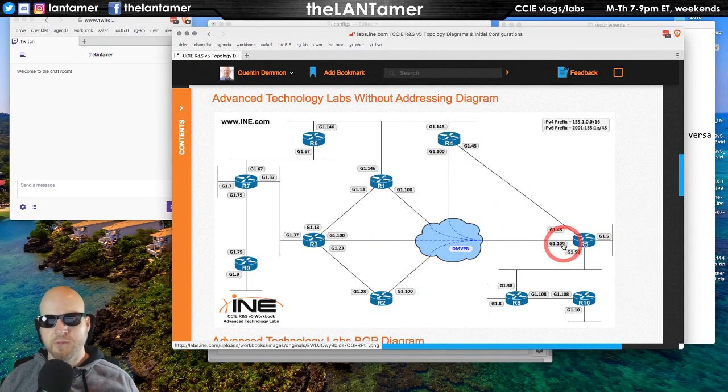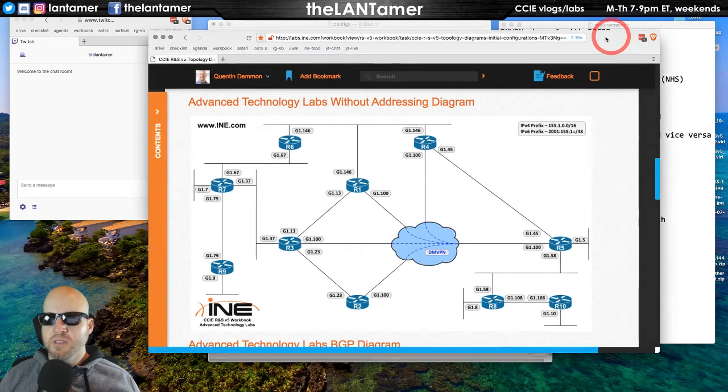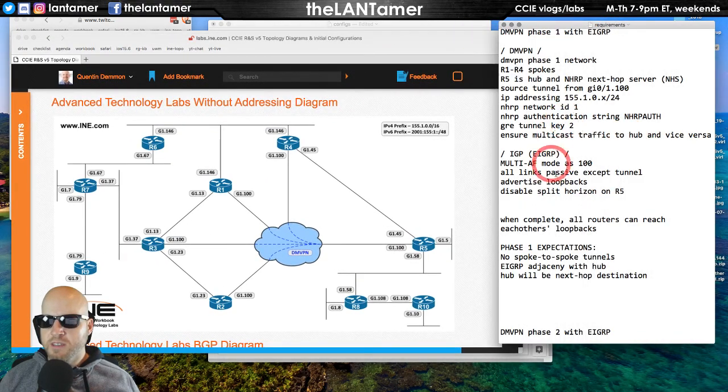On the spokes, we're going to do a regular GRE tunnel destination. And in this case, I don't believe it's asking us to summarize the network. Yeah, we advertise the loopbacks. Okay.